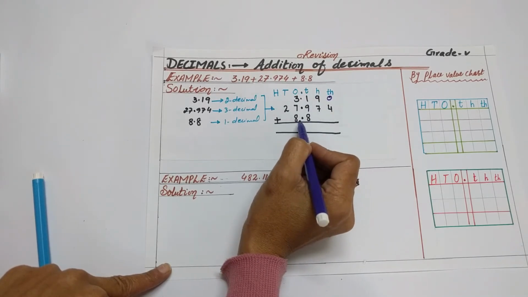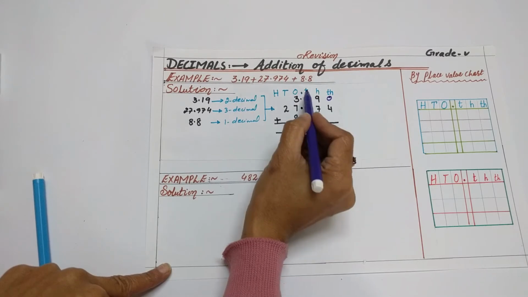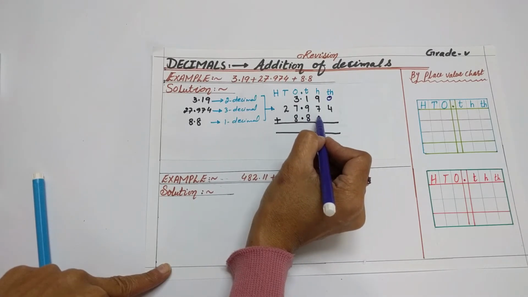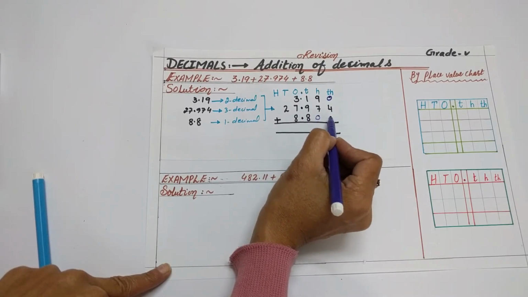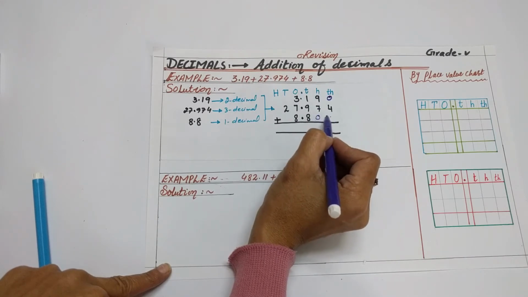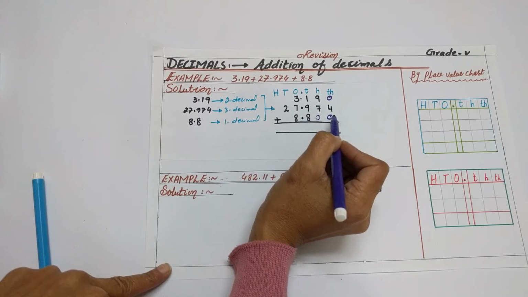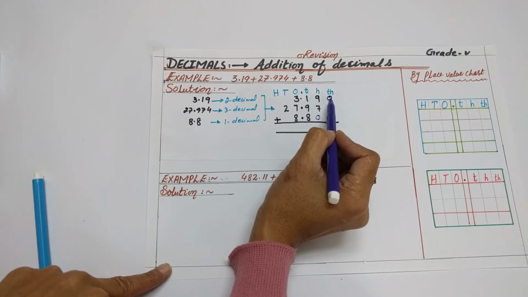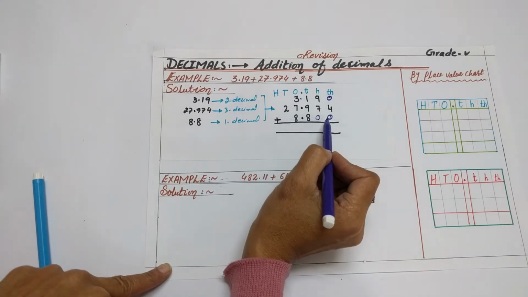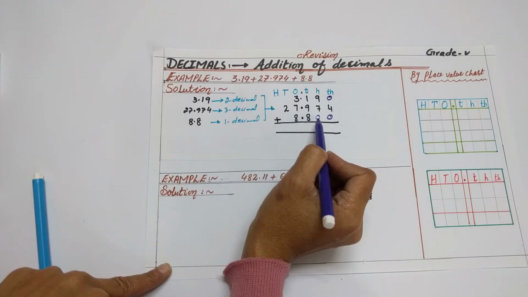In the third number, 8.8, we have only the tenths place digit. We don't have the hundredths place digit, so we will put 0, and we also don't have the thousandths place digit, so we will put 0. So we don't have the thousandths place in the first number, and we don't have the hundredths and thousandths places in the last number.